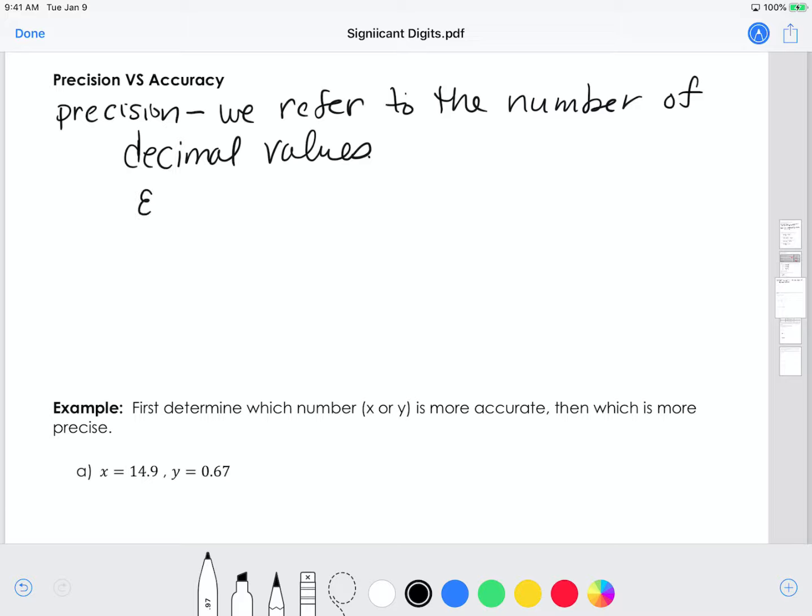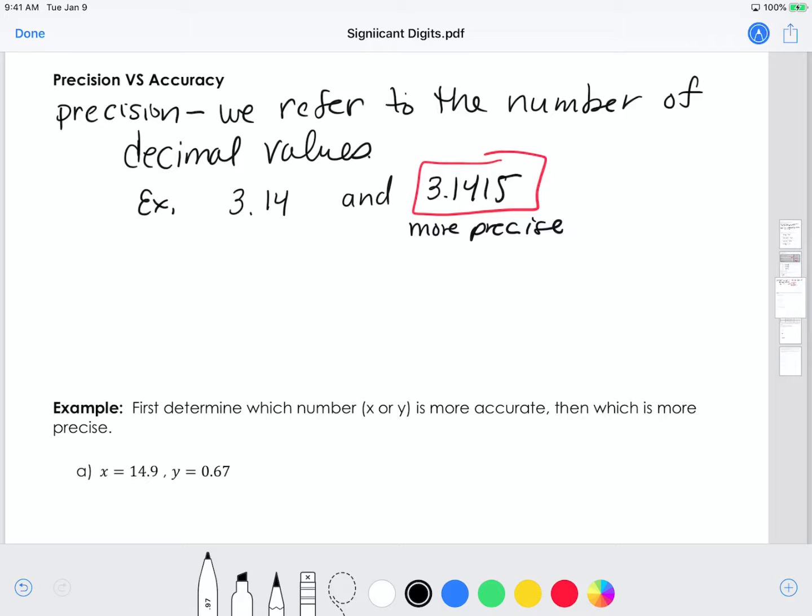So for example, if I gave you 3.14 and I gave you 3.1415, this number here would be more precise since we have more decimal values.